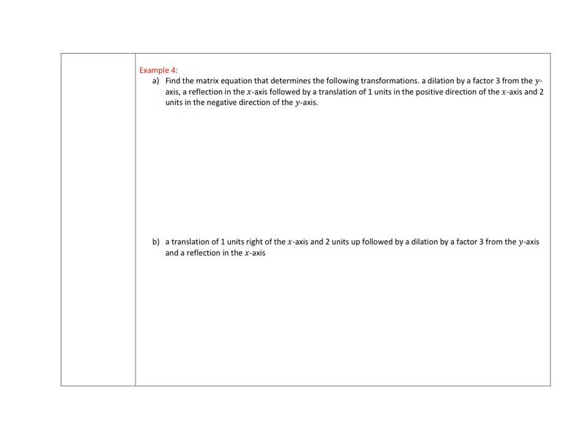In example 4, we're asked to find the matrix equation that determines the following transformations. So we know that we're just being asked to find an equation and not actually solve it. We also know that it's in reference to the following transformations. So the first thing that I might start with is, what does a matrix equation actually look like?